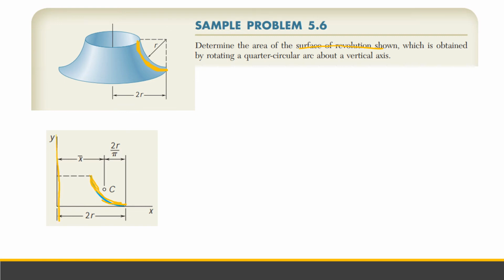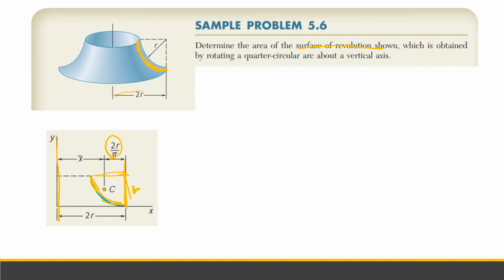So, the centroid of the quarter circle that we got is 2r over pi with respect to this axis. This is 2r, given, and this is the radius of the quarter circle.